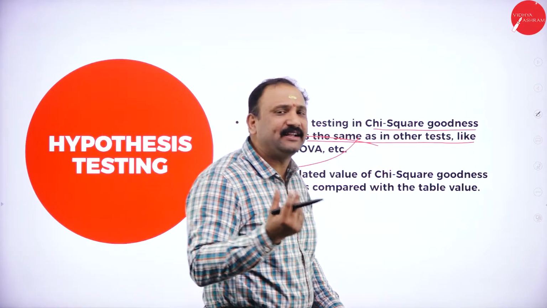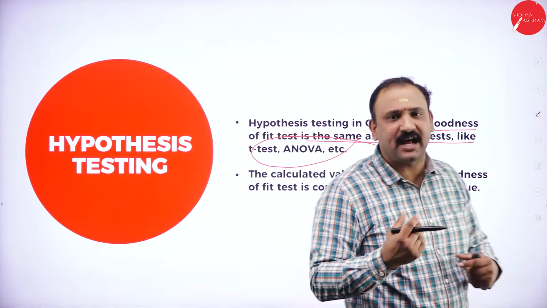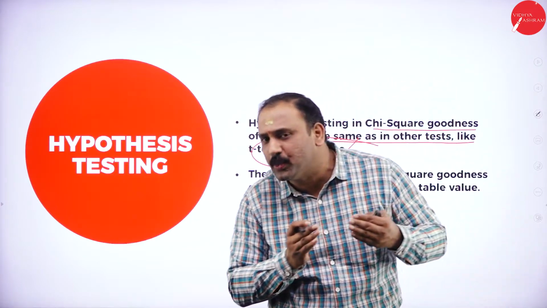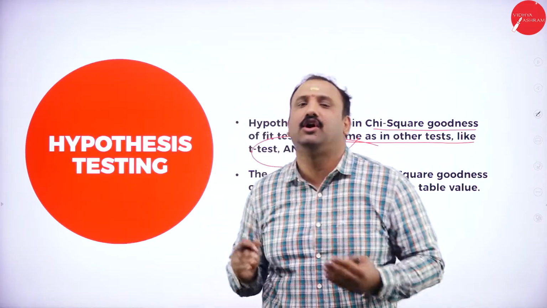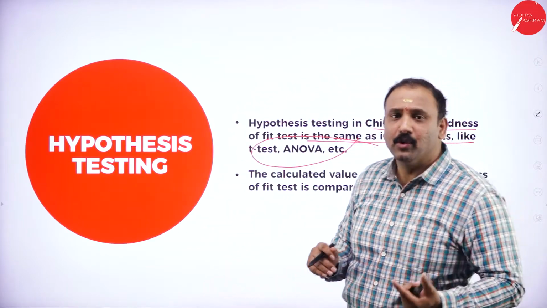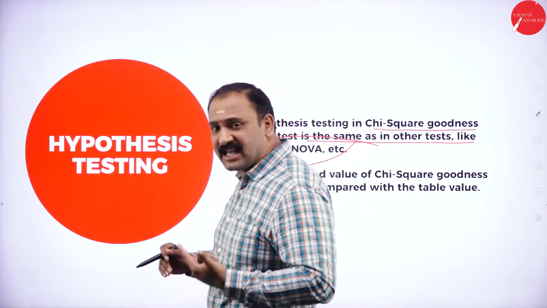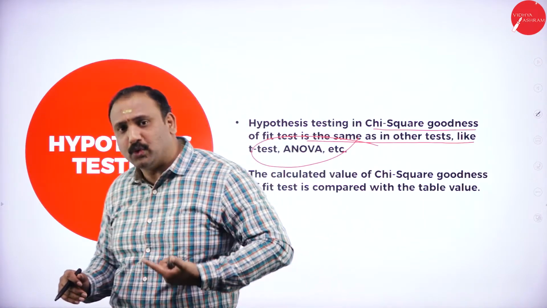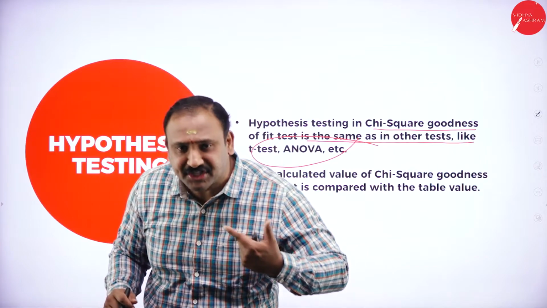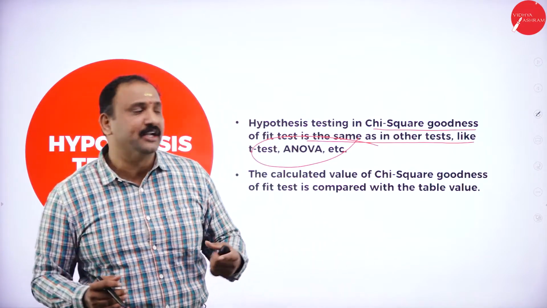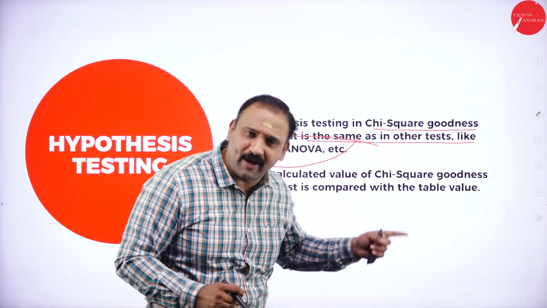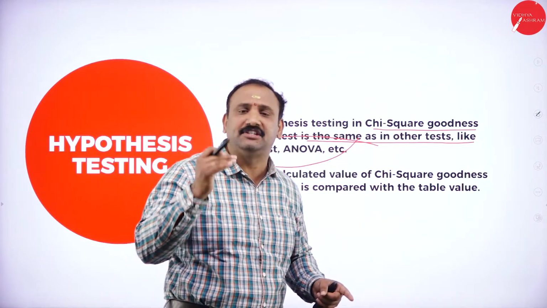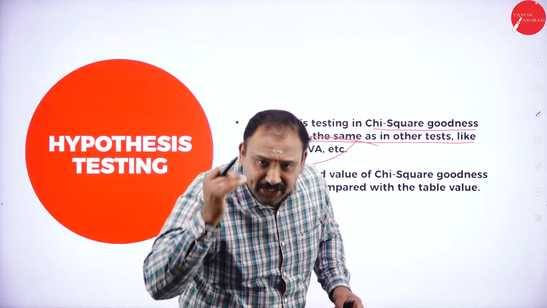Because the moment I write a hypothesis, my belief starts sticking towards a particular kind of data, a particular kind of knowledge. But that is not true. Unless I test the hypothesis and find out whether the data is matching, I cannot conclude it. So whenever I put in the chi-square test, I want to find out whether the hypothesis is matching accurately or not.